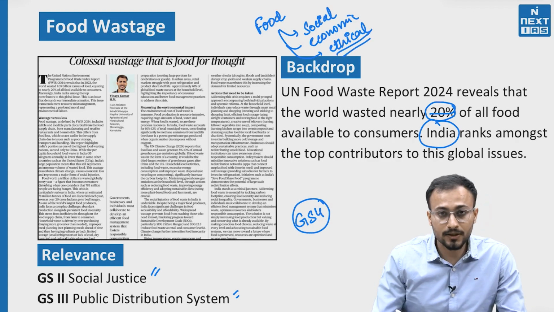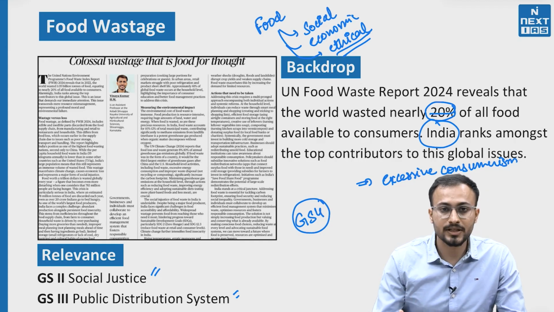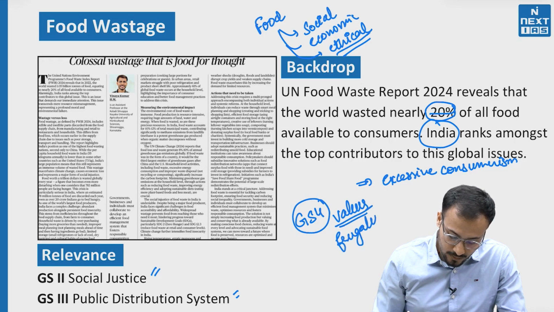Ethical issue, by ethical issue what do we mean? It is linked to excessive consumerism. So if we want to control food wastage, one should also invest in values such as frugality, mindful consumption.